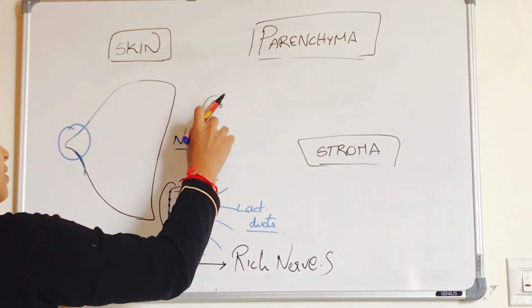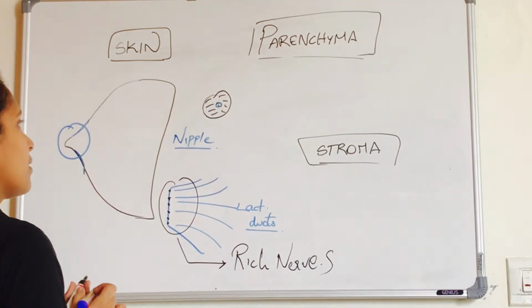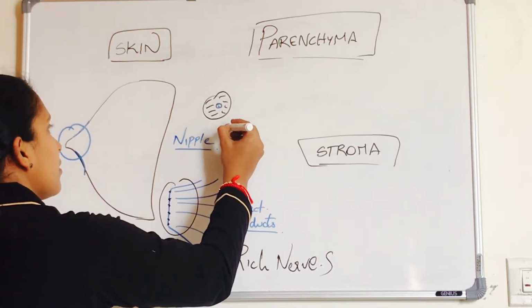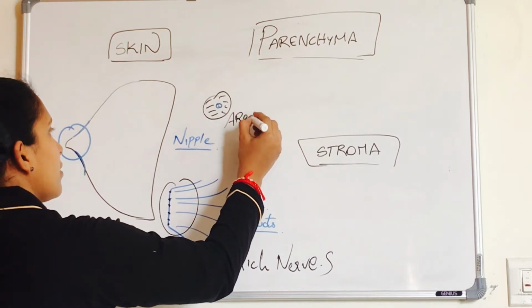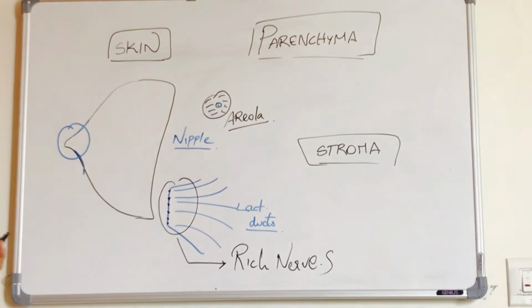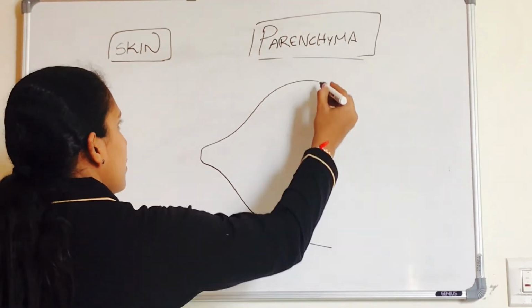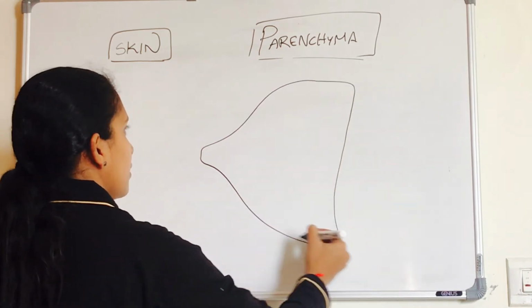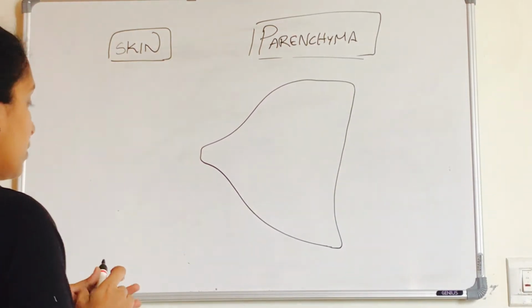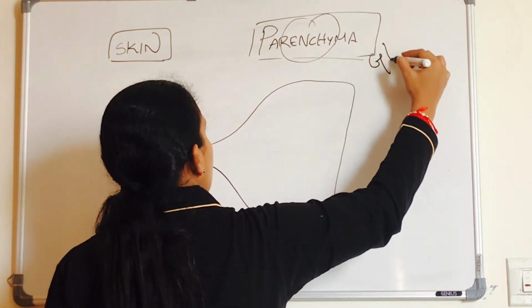So what is the structure surrounding the nipple? The pigmented circular area is called areola, which contains modified sebaceous glands which become raised tubercles of Montgomery during pregnancy and lactation. That's all about the skin.